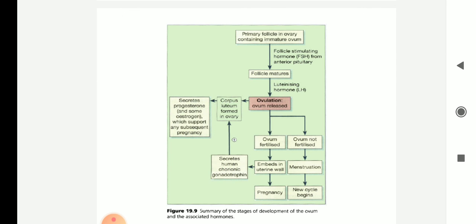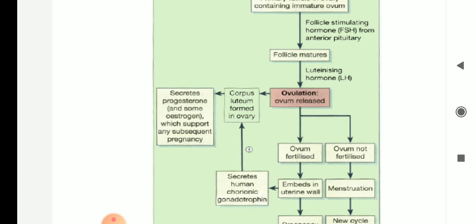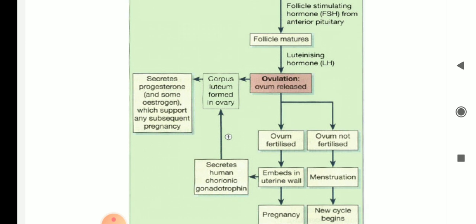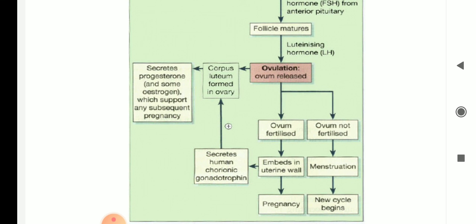This follicle will be converted into the corpus luteum, which will secrete progesterone and some estrogen, which support any subsequent pregnancy. Next, HCG will stimulate the corpus luteum to secrete more and more progesterone.